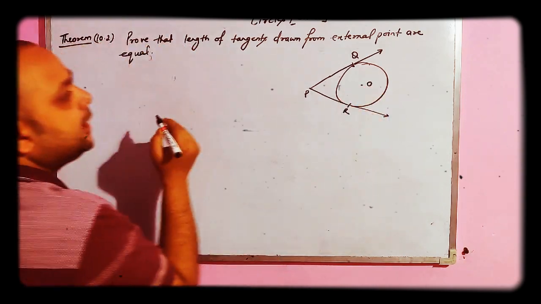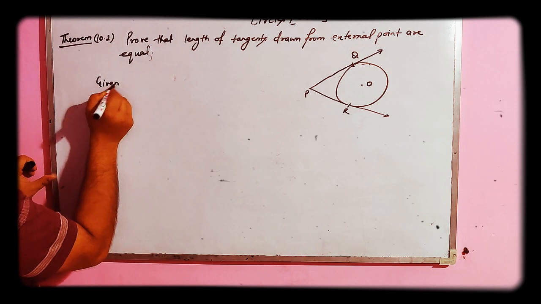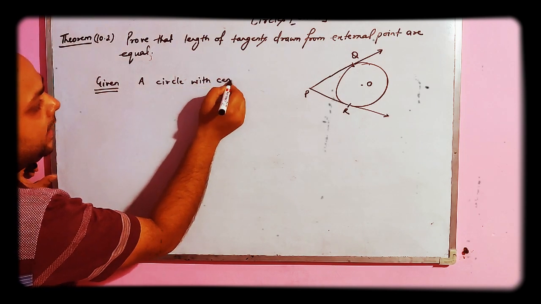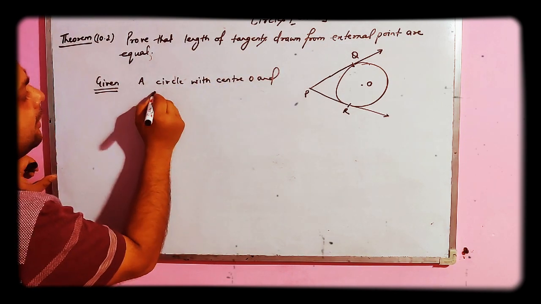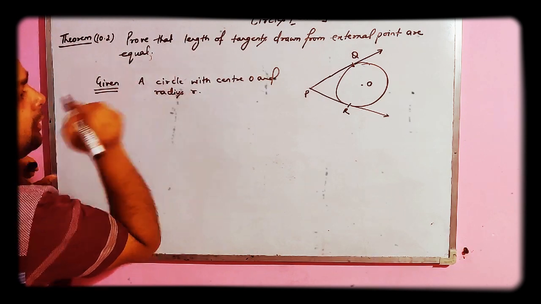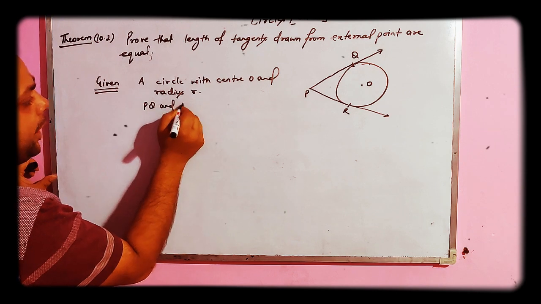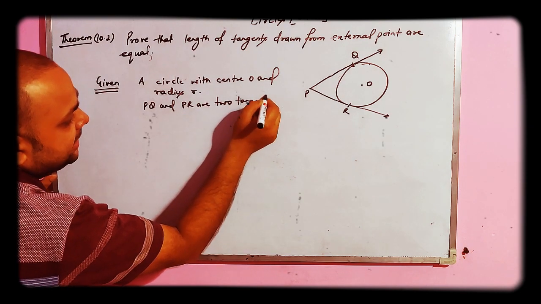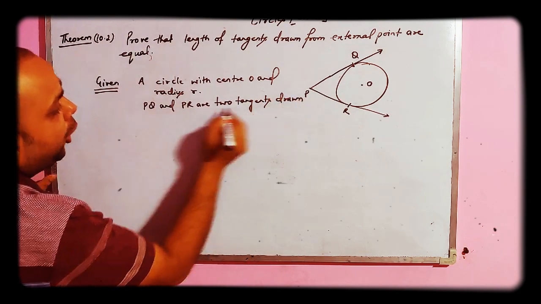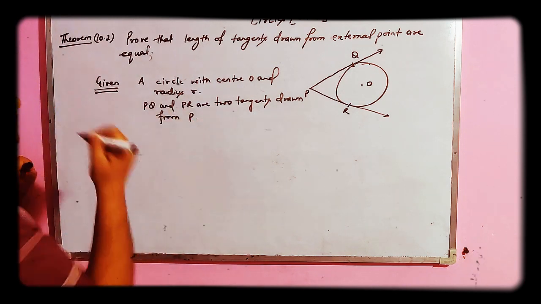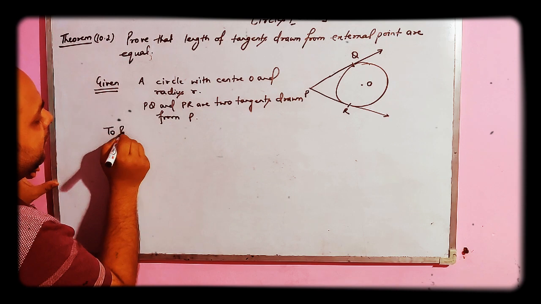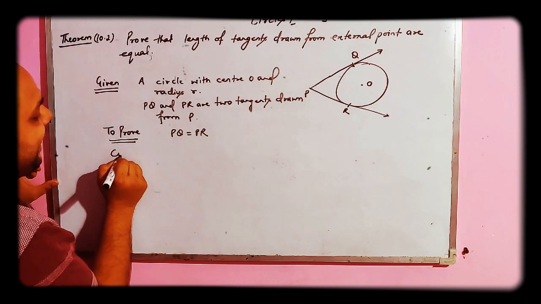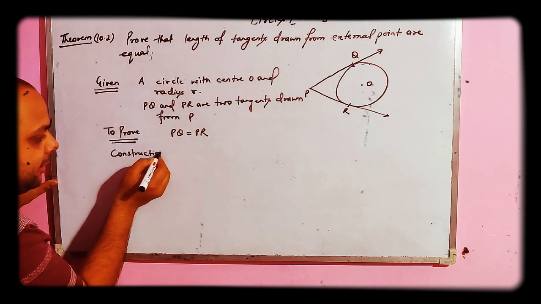This is the center. Now we are given a circle with center O and radius R. PQ and PR are two tangents drawn from P. To prove PQ equal to PR, we need a construction here.